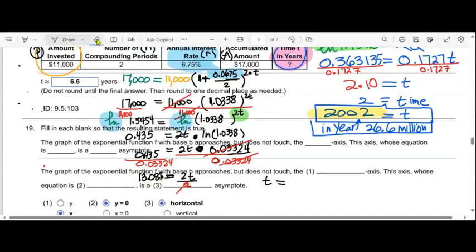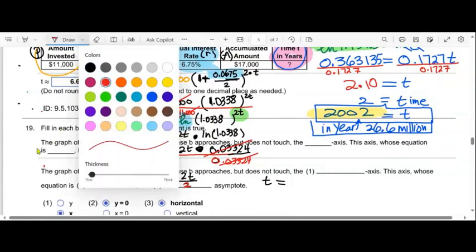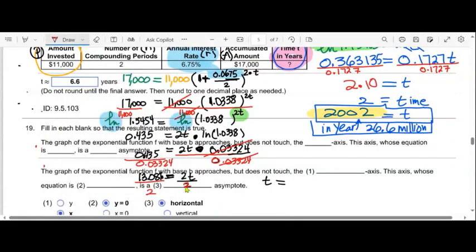And then we have to divide both sides by what to get rid of the 2? Divide by 2 on both sides. So how much is t at the end? 13.086 divided by 2 will give us 6.543, which is around 6.6.